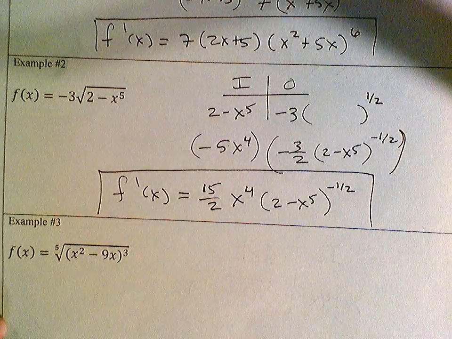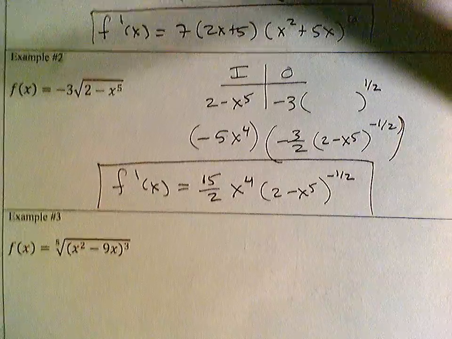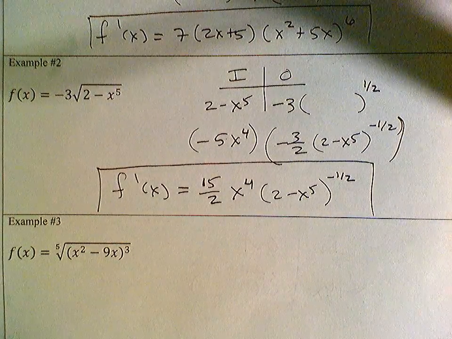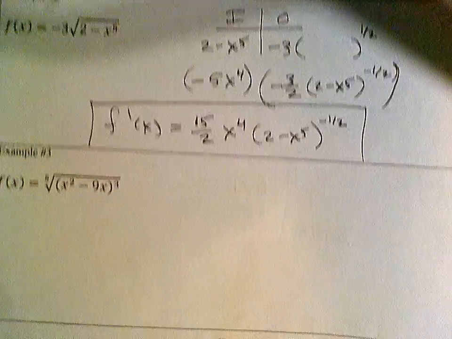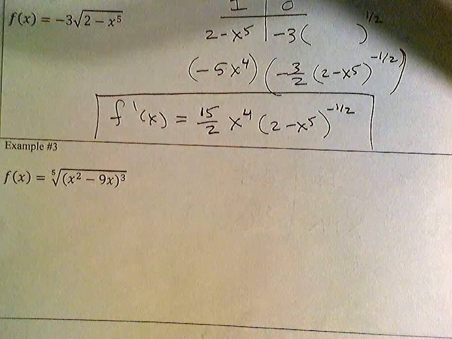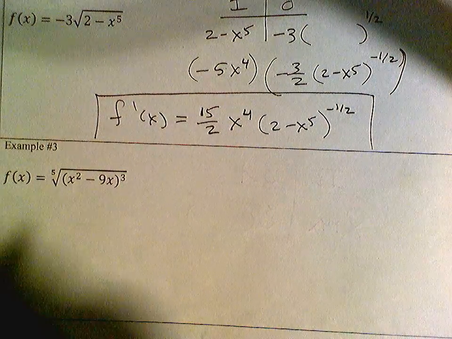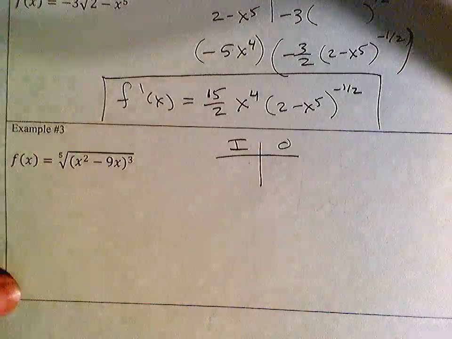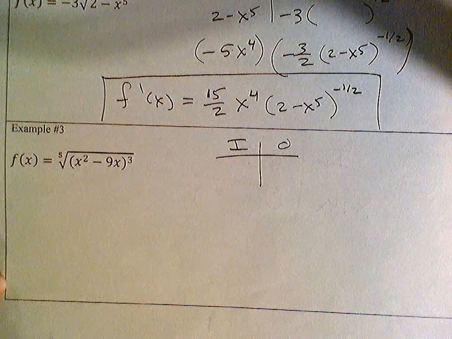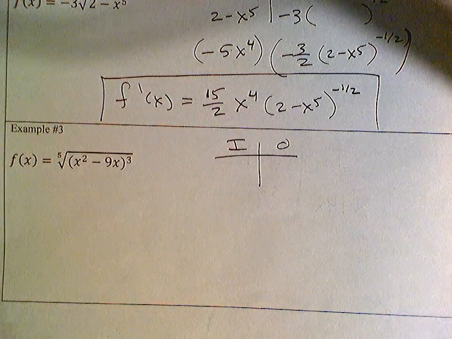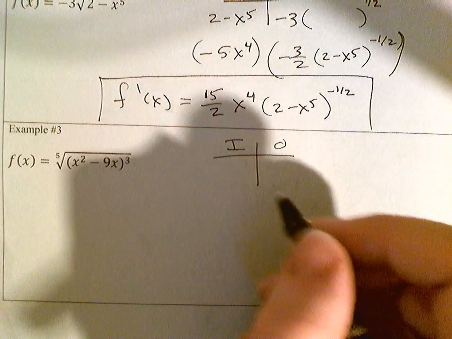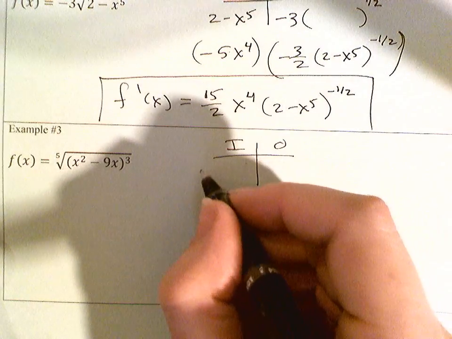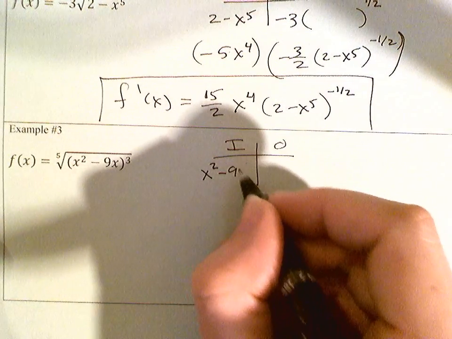One more. Okay, so this is example number 3. I see a function that looks like it's inside of another. I have x squared minus 9x that's underneath a radical. So I'm going to do my inside-outside chart. Kids, my previous students called this the in and out chart, so you can call it that too if you want. And so the inside function is x squared minus 9x.